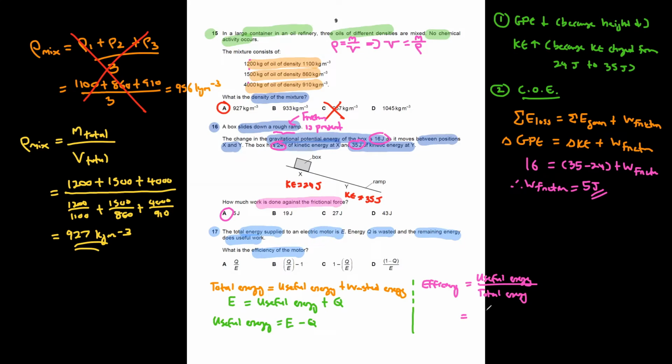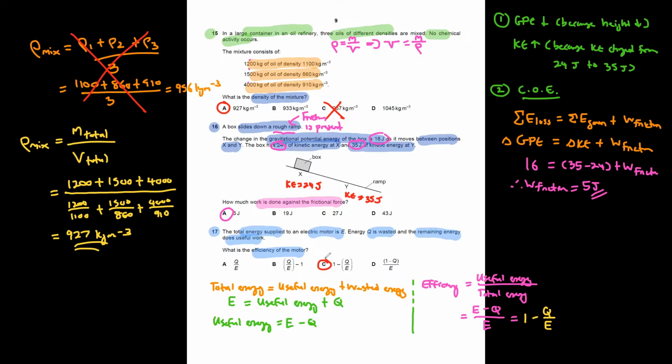So it's actually going to be E minus Q divided by E. But you notice that's not the answer given here, right? So you have to do something with this. You take E divided by E, and Q divided by E, and you will eventually get 1 minus Q divided by E. So in your case, your answer would be C.